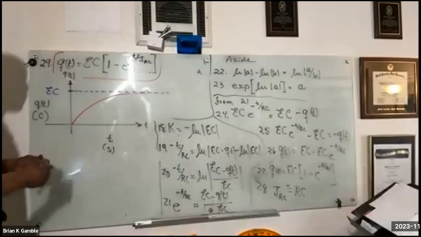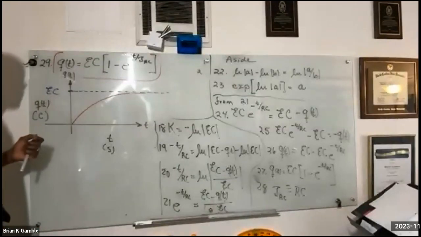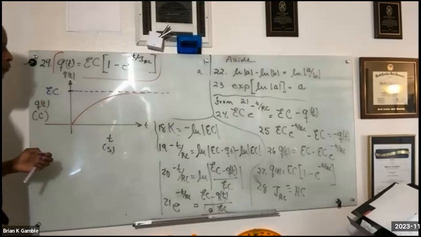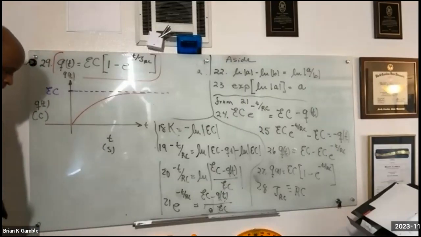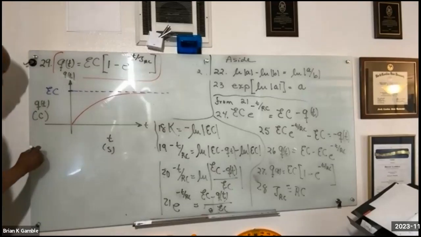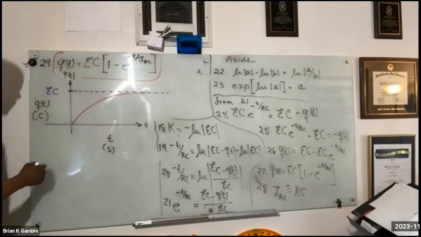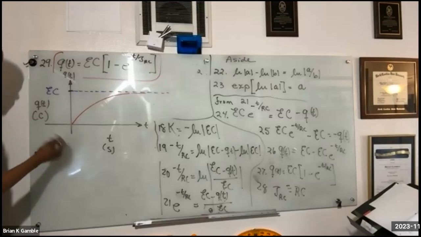But what we find is, let's take a look at what is the value of the charge at one time constant. And how long was that? Well, we won't know unless we have specific numbers, which I didn't give you here. But we can do it in terms of relative charge.